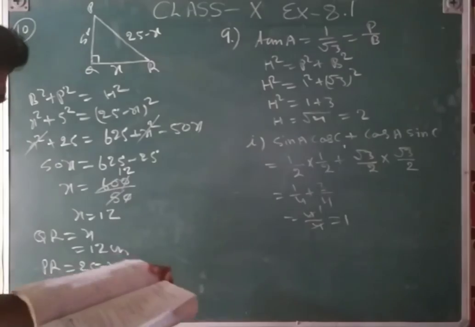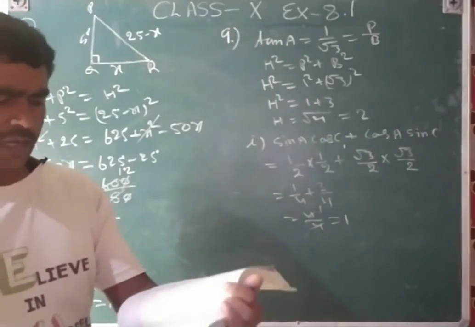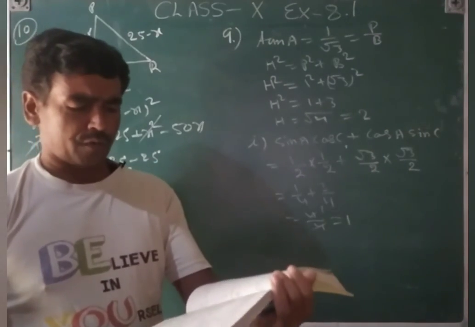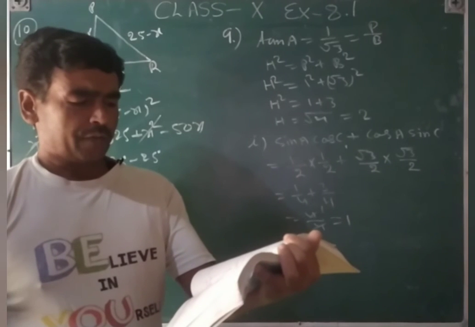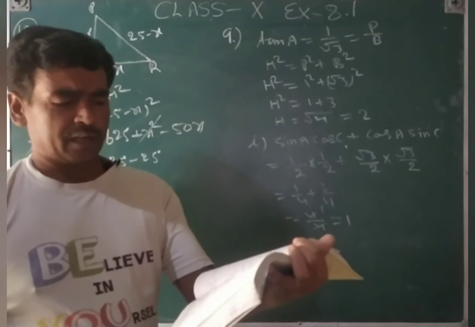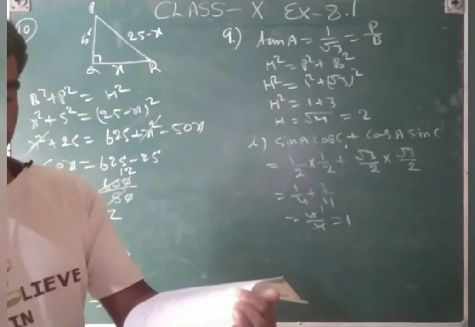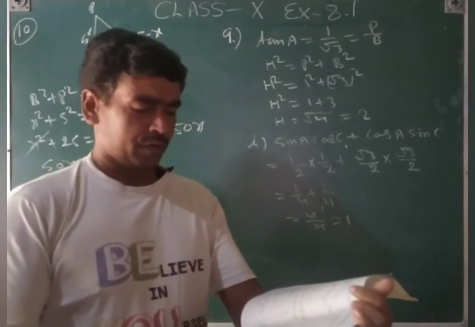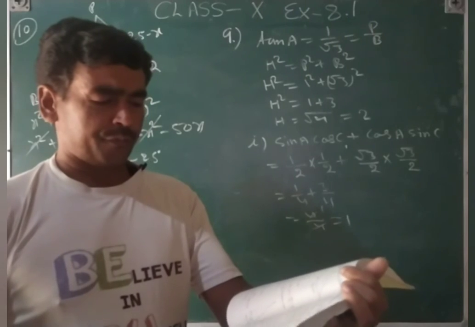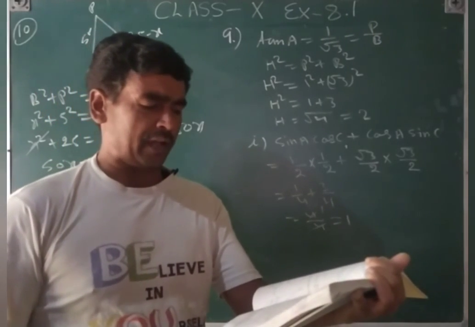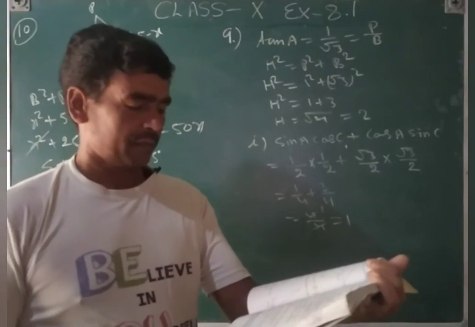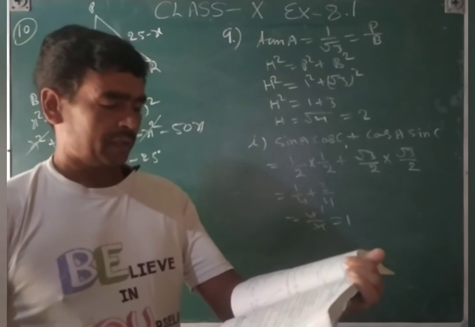Okay. Then 11th question, state whether the following are true or false. Justify. The value of tan A is always less than 1. No, it can be greater than 1 also. Sec A is 12 upon 5 for some value of angle A. Yes, it can be possible.